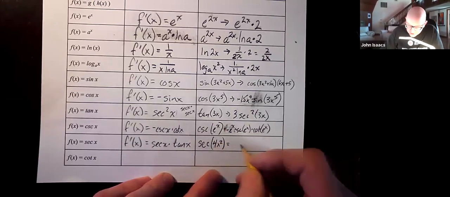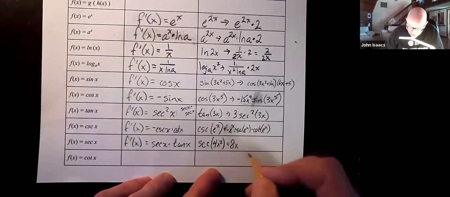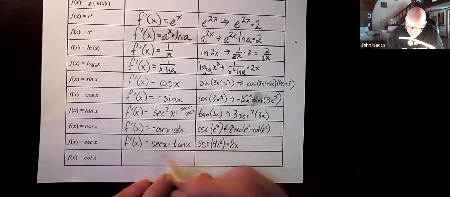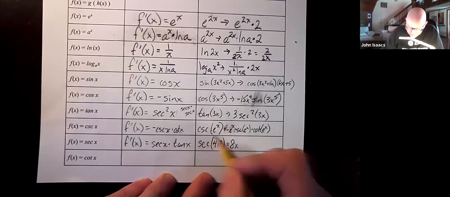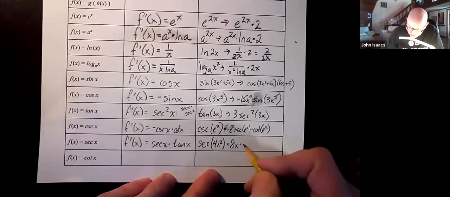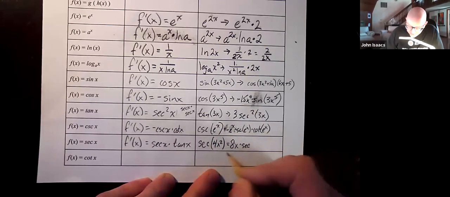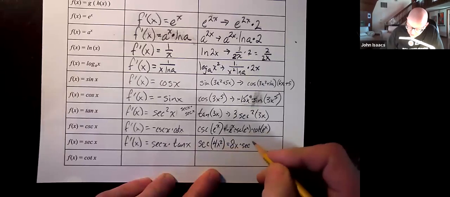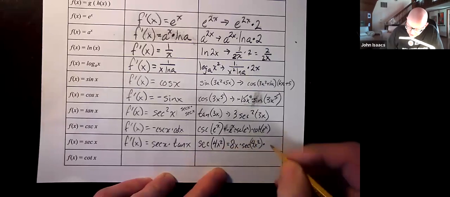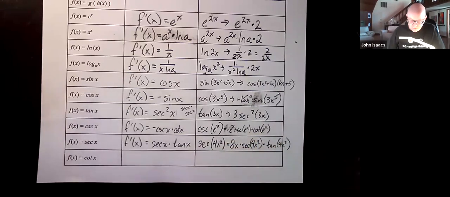I'm going to write the derivative of 4x squared first, which is 8x. And then we multiply it by the actual derivative of secant, which is secant of 4x squared times tangent of 4x squared.